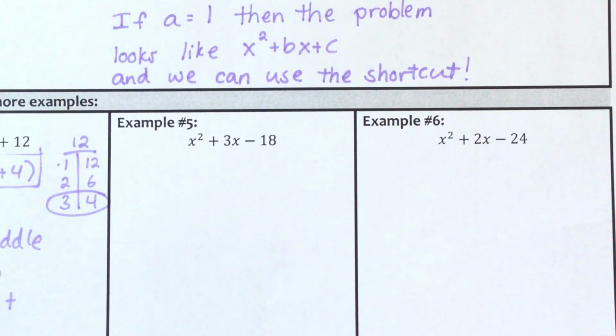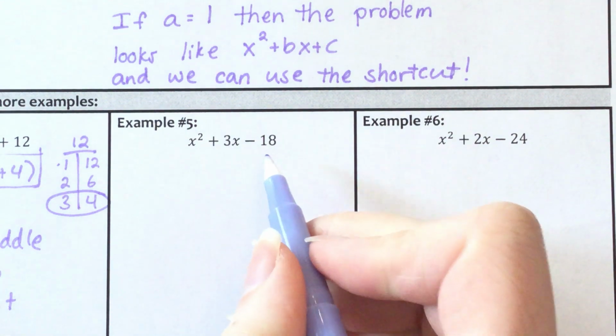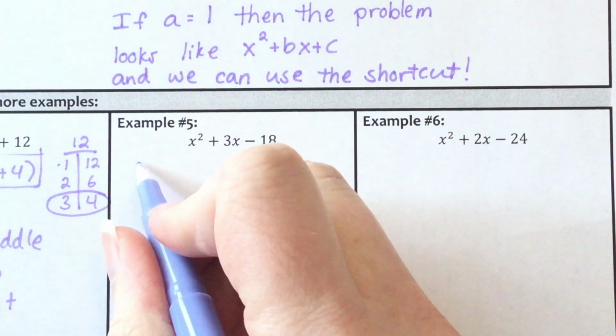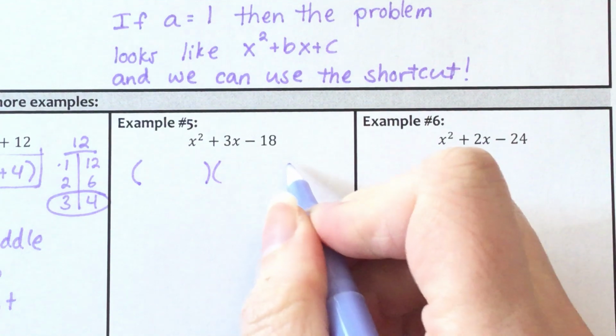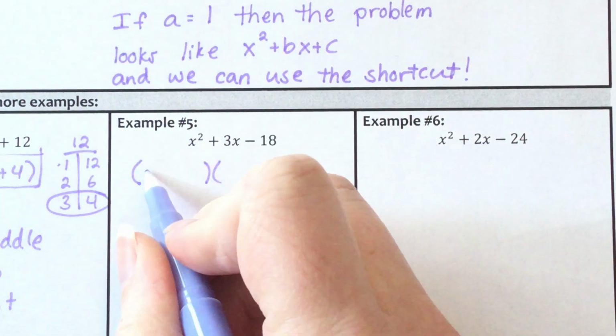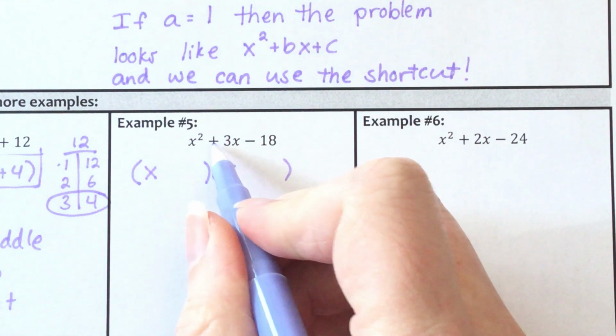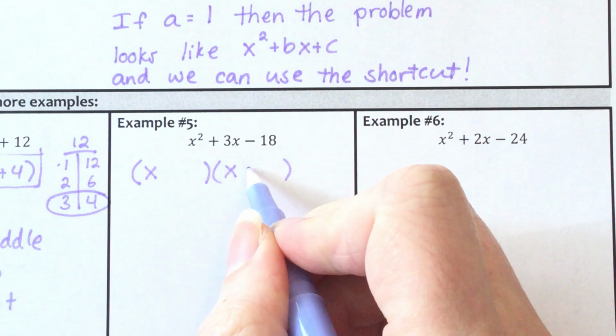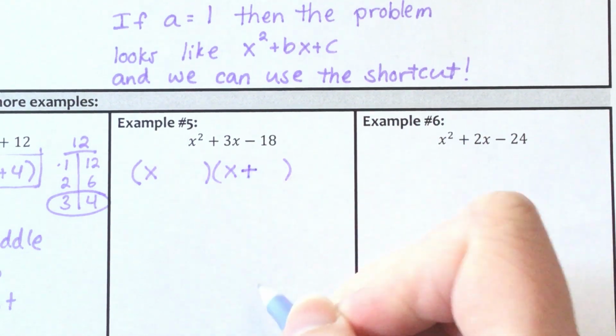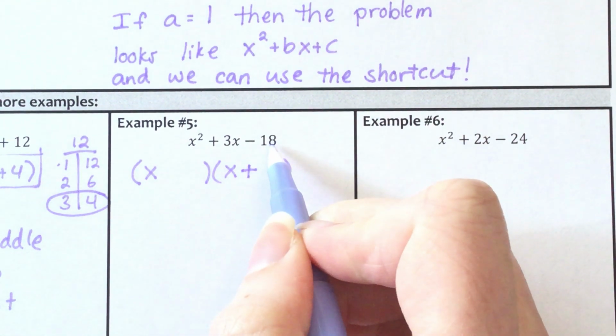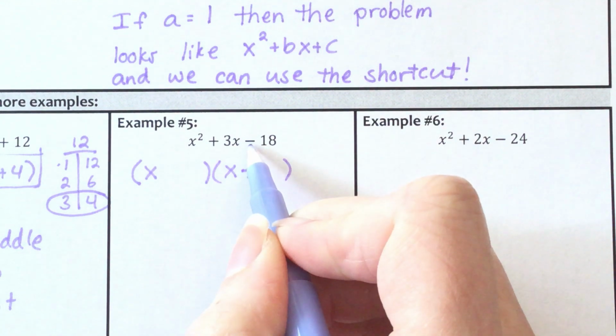All right, let's look at number 5. X squared plus 3x minus 18. Let's see if we can do this without making a chart. Okay, x squared means that our parentheses will both start with an x. The fact that our middle term is positive means that our big term has to be positive. And since 18 is negative, that means our signs have to be different.